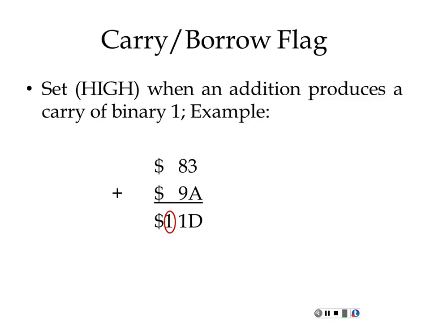Because some instructions you add, right? You are adding something, and then you have a carry of 1. Okay. Then this is called the carry flag as well. So the carry flag is set. That means the C flag is set, since you have a carry of 1.